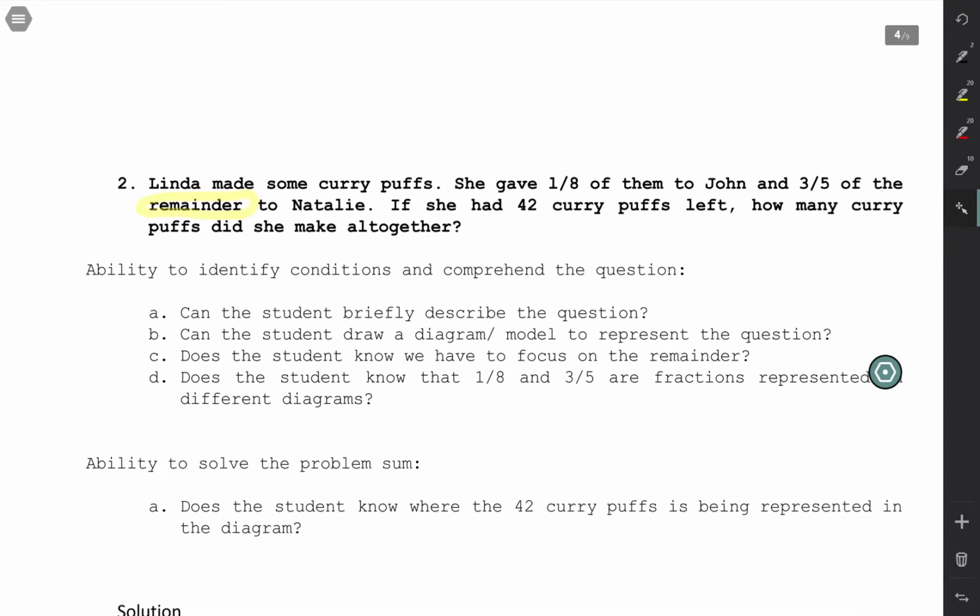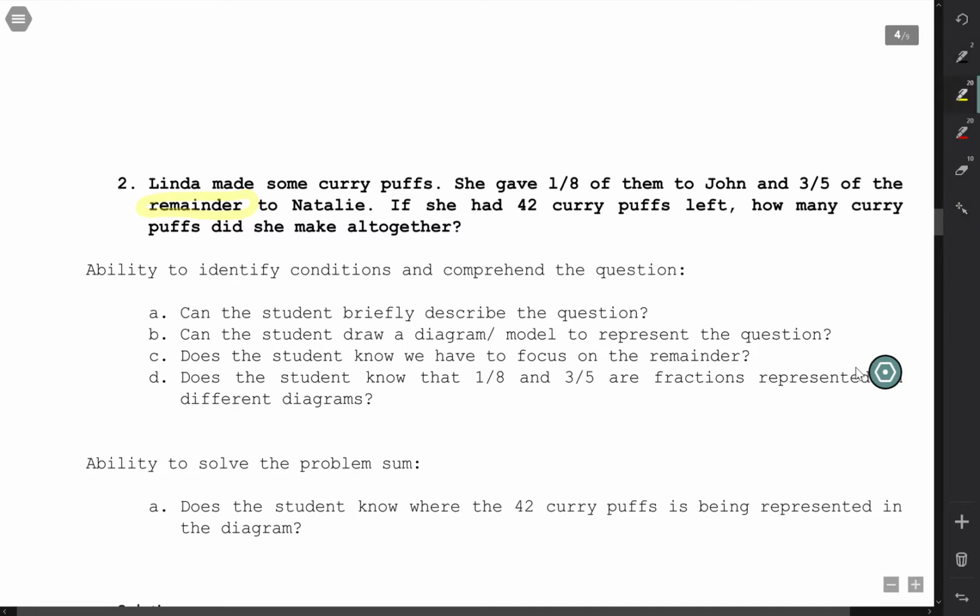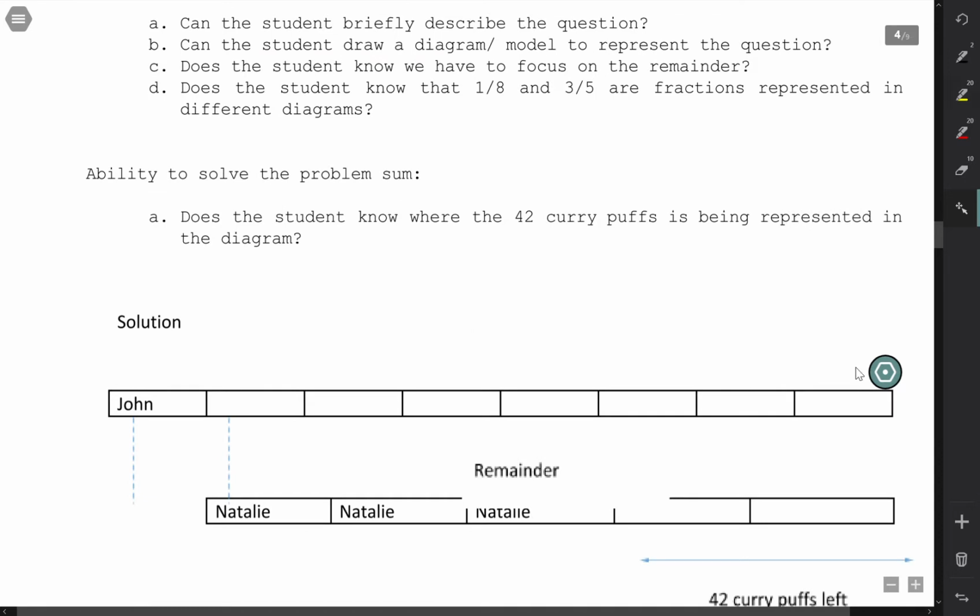Because Linda gave 1 out of 8 of them to John, this tells us that at first she has 8. The total must be 8. So if the total is 8, how many boxes do we draw? 1, 2, 3, 4, 5, 6, 7, 8.